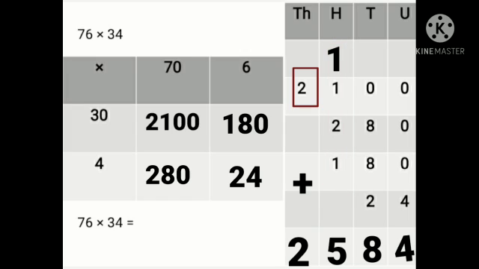And 2 will come as it is. Therefore, 76 multiplied by 34, the answer is 2584. Moving on to the next example.